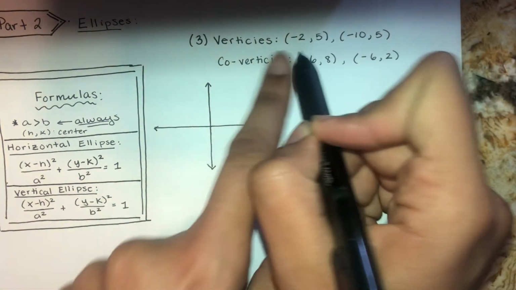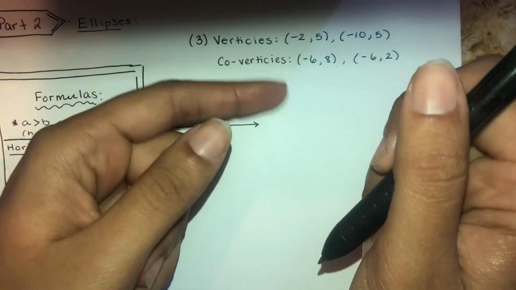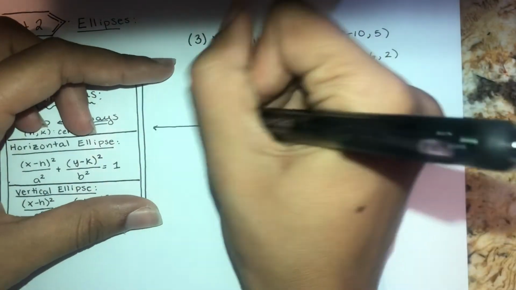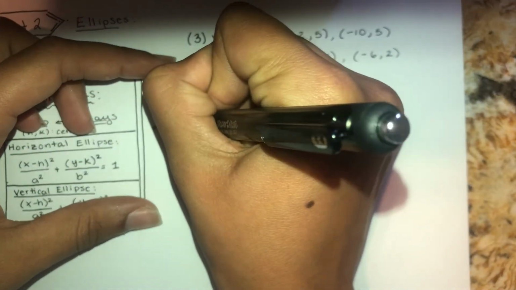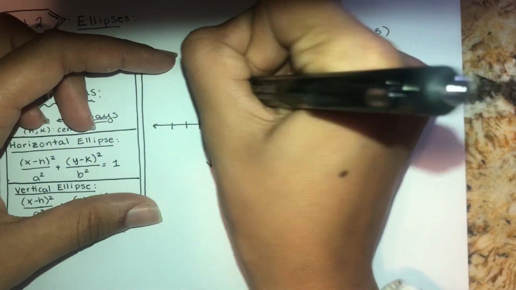So vertices lie at the end of the major axis, right? So on the longer ends. So again, make a graph that counts by fives or whatever you want.